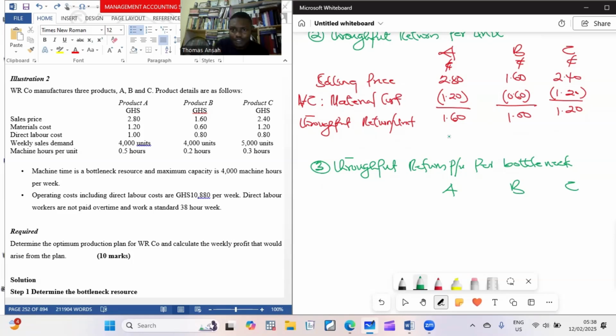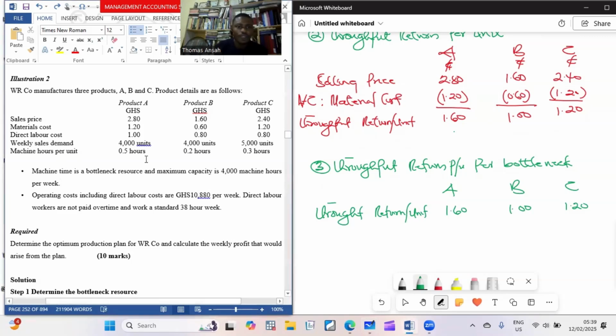In the exam, since you have done everything up to this point, you are going to say throughput return per unit, using the figures 1.60, 1.00, then 1.20, per limiting factor. What was the limiting factor? The limiting factor is machine hours or machine time, and so these are the machine time.